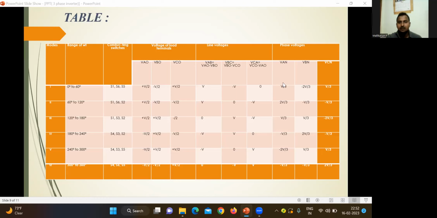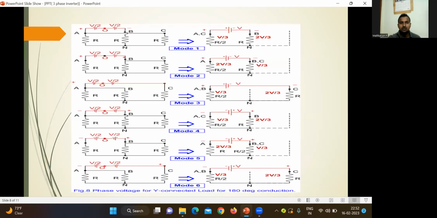So this is mode 1 operation. In mode 1, S1 and S5 are the positive group, S6 is the negative group.